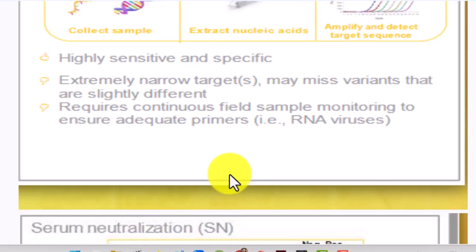Highly sensitive and specific, but the extremely narrow target may miss variants that are slightly different. Requires continuous field sample monitoring to ensure adequate primer.